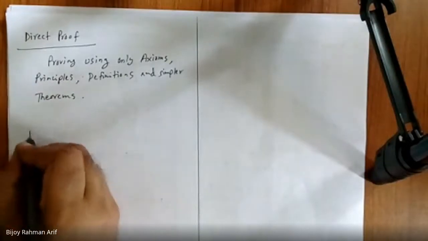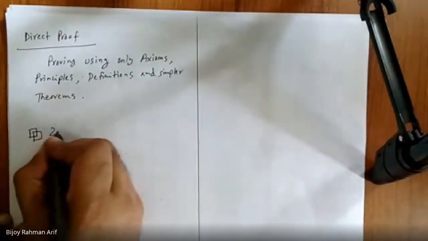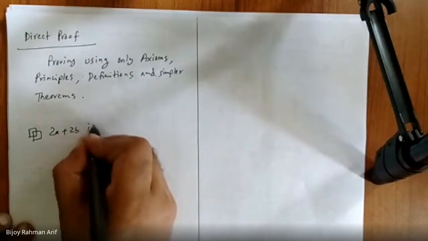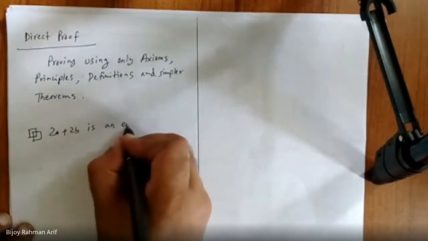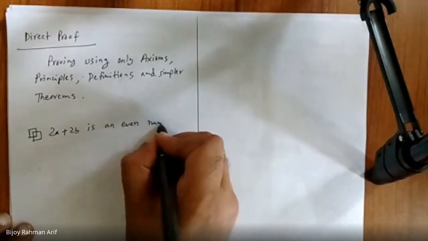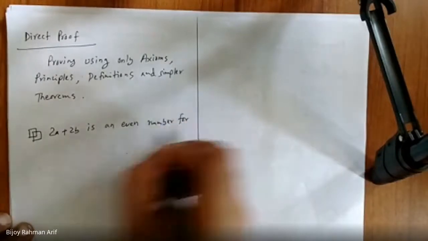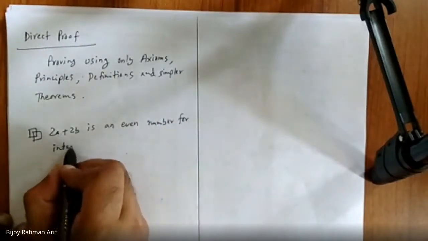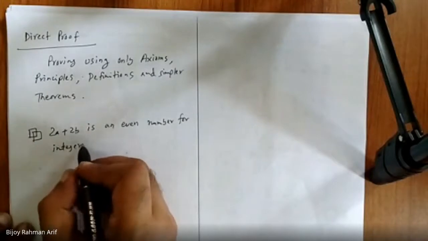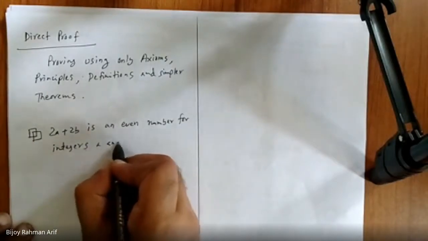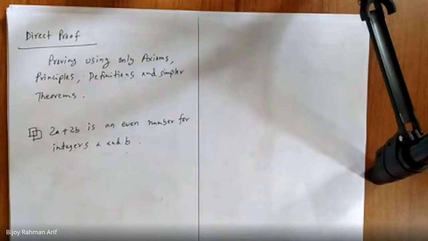So let's assume 2A plus 2B is an even number for integers A and B. How can you prove this using direct proof? Tell me please. Guys, don't sleep.